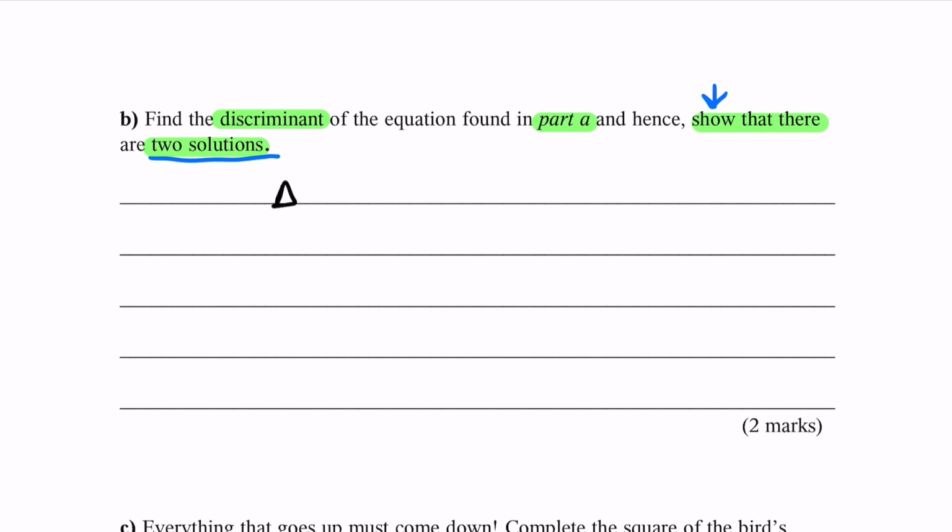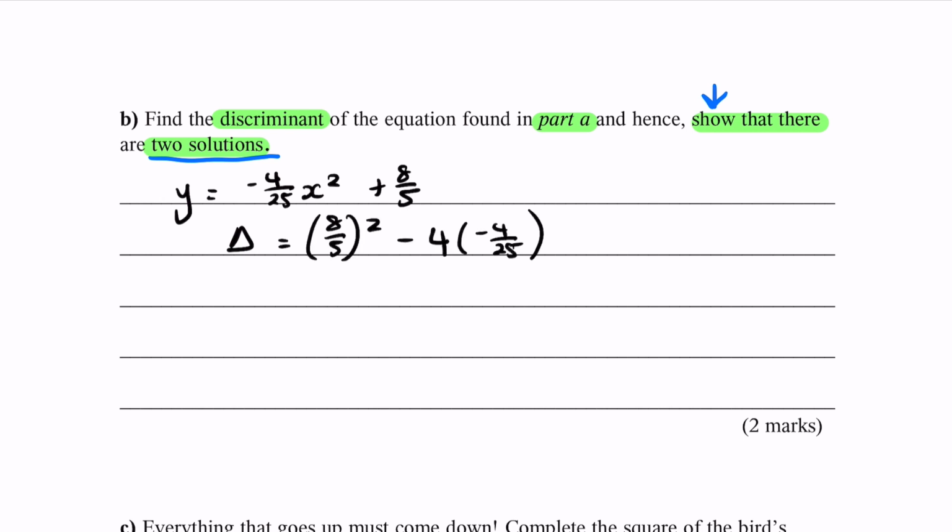Okay, so it's giving me very clear instructions. Find the discriminant of the equation. I might actually just write out the equation first. And then remember the c is 0, and then find the discriminant. So we know the discriminant is b squared minus 4ac, and c is just 0. Now, as long as you've shown enough working out, you can put this into your calculator.